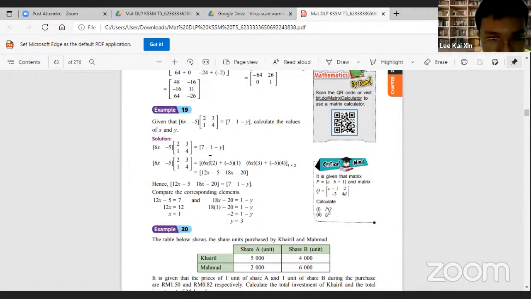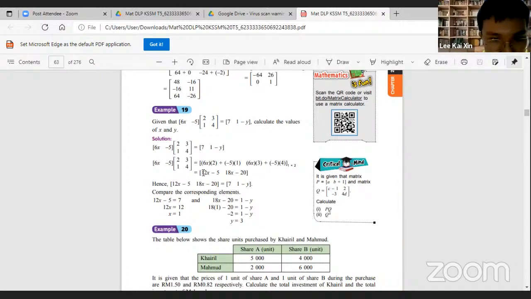So how do we calculate this? We know that it becomes a 1 times 2 matrix. So we get 6 times 2, 5, 1 for the first row, first column. Okay, and then we get 6x times 3, plus 5 times -4.